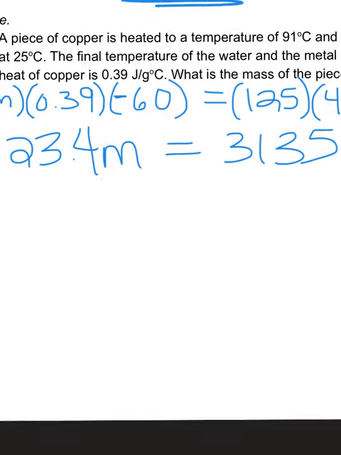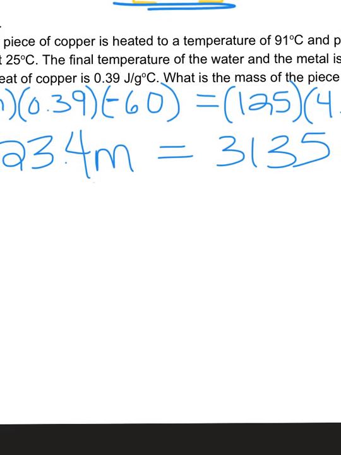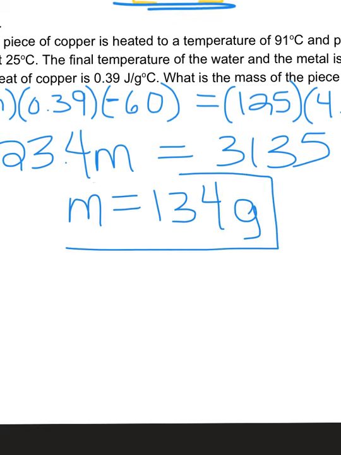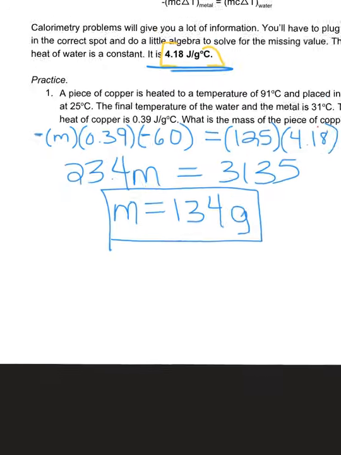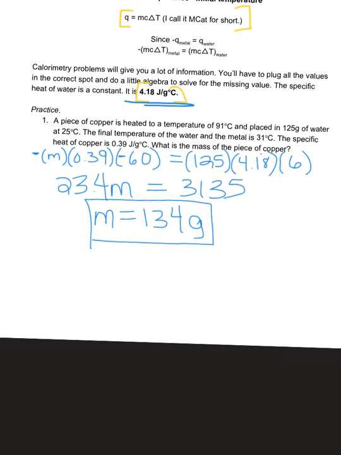A little bit of algebra. How do we solve for m? Divide both sides. So the mass of our metal, 134 grams. Final answer. Okay, simple as that. Plug everything in, do a little bit of algebra to solve for the final answer.